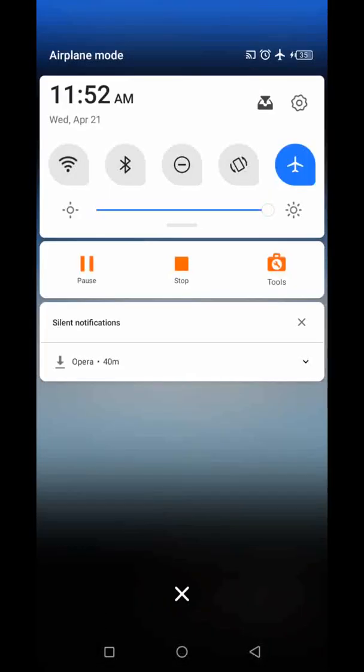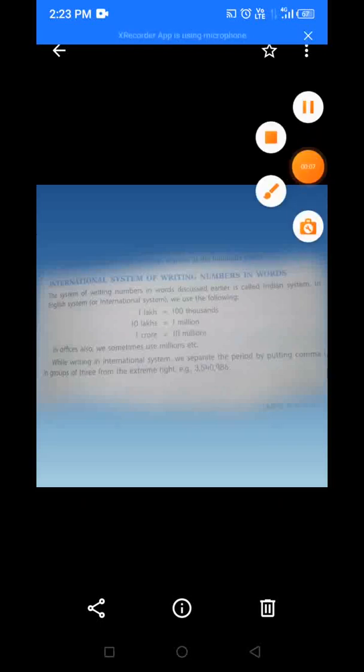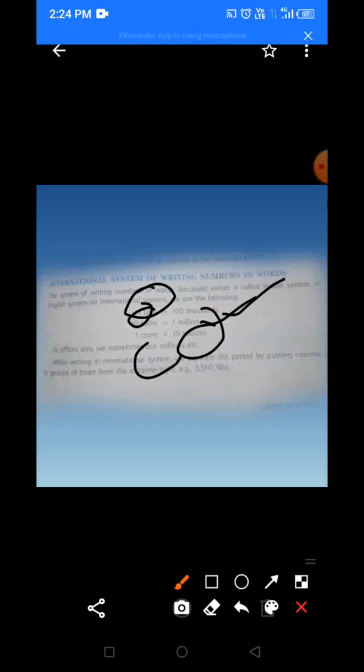Now children, in the international system we use 100,000 for 1 lakh, 1 million for 10 lakhs and 10 million for 1 crore.